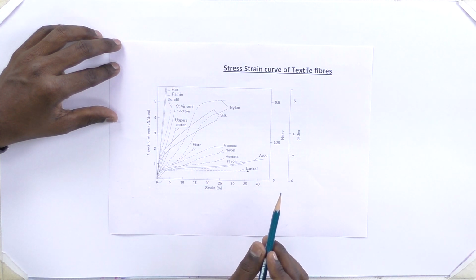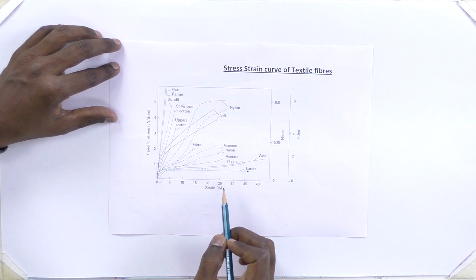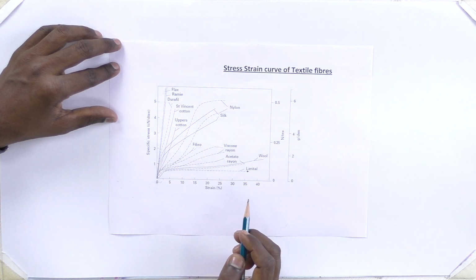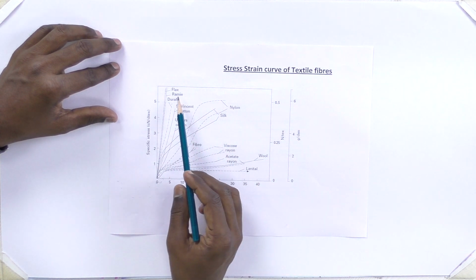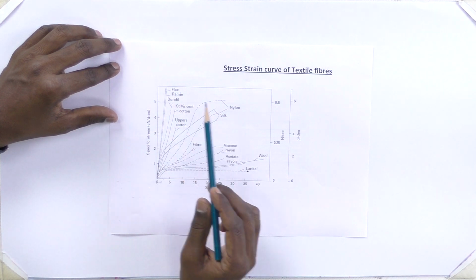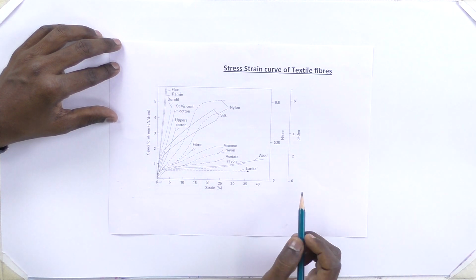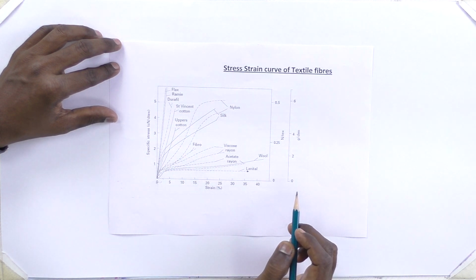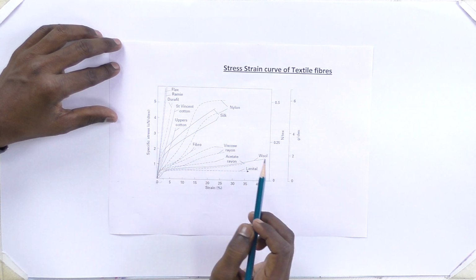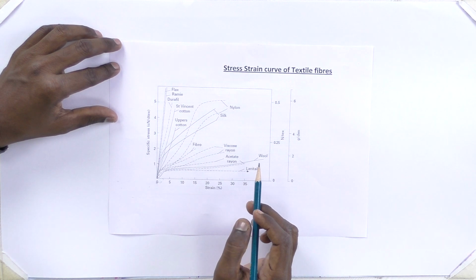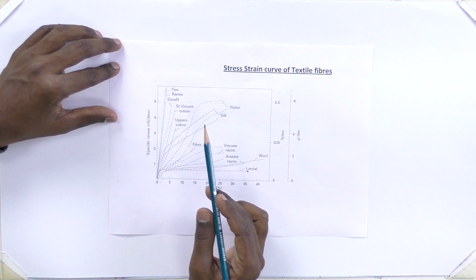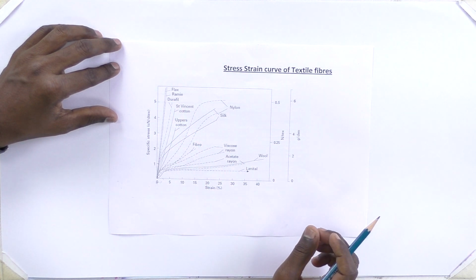Next to flax is ramie fiber. Ramie also behaves like flax. While applying the highest load, more than 5 cN per decitex, ramie shows very good load withstanding capacity. The elongation is less than 5%.